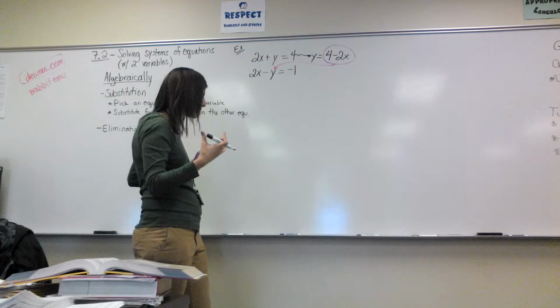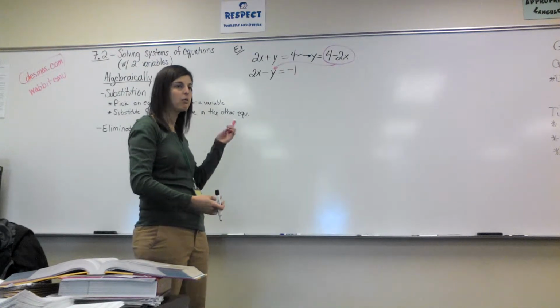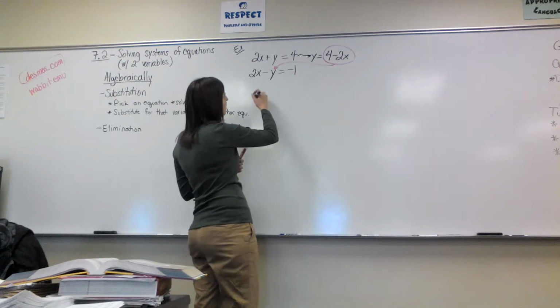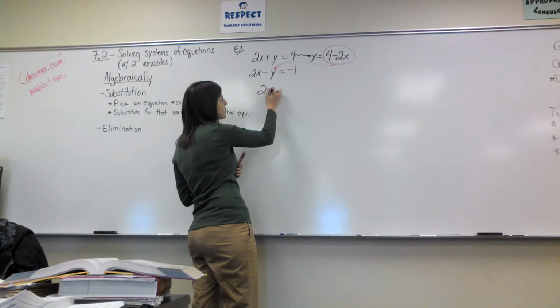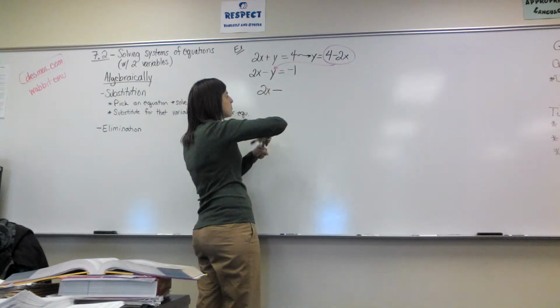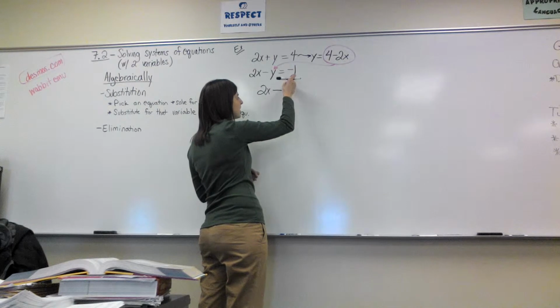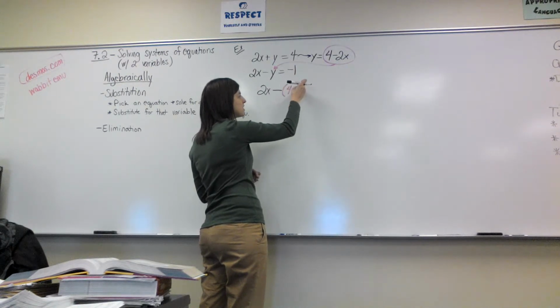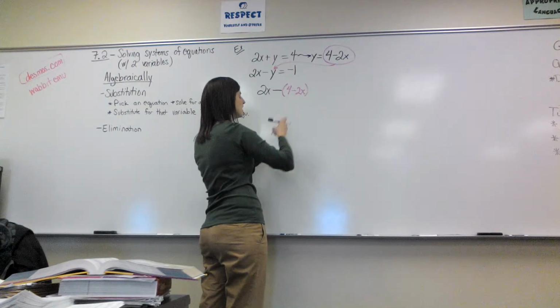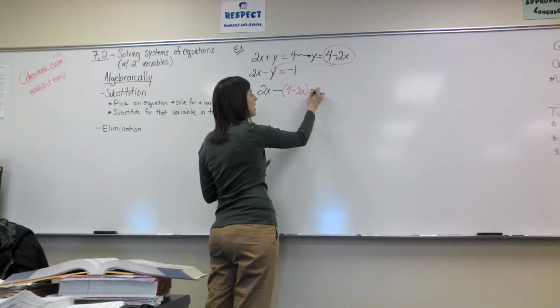You want to make sure to subtract all of what y was equal to. So that's going to give you 2x minus parentheses 4 minus 2x equals -1.